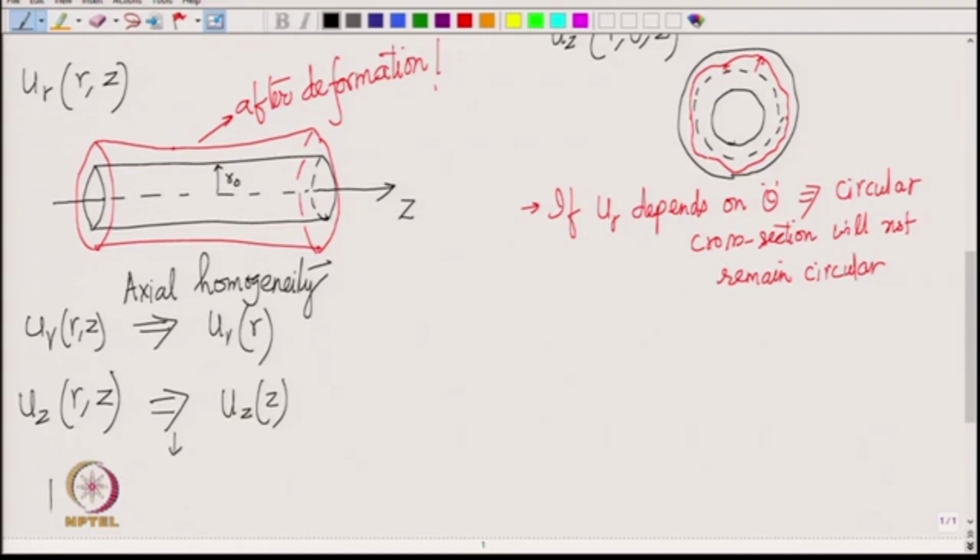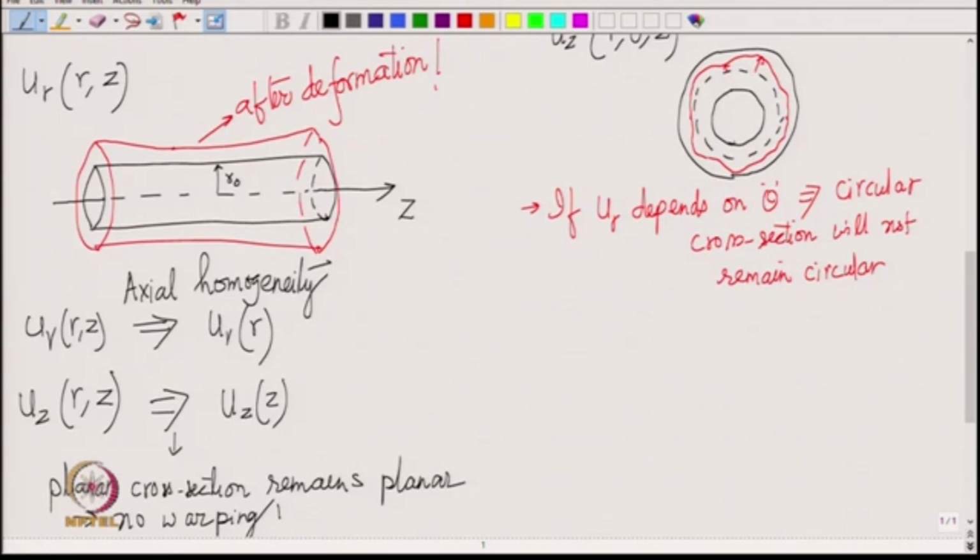This means the planar cross section remains planar, or no warping. Okay. All right. So, we have gotten a lot of restrictions on u r and u z.